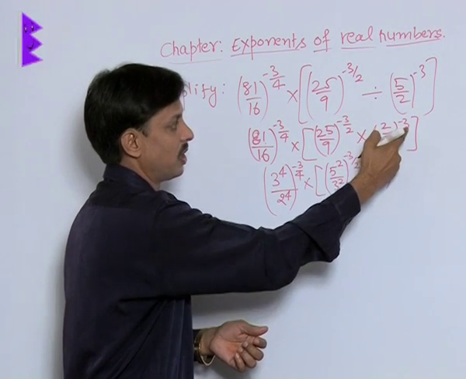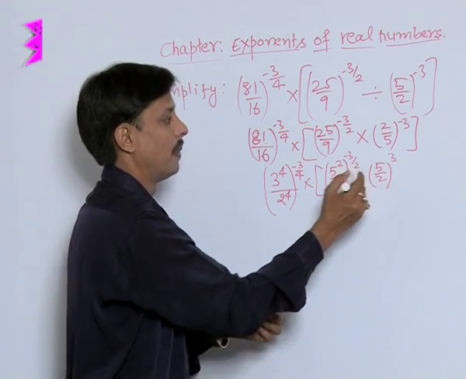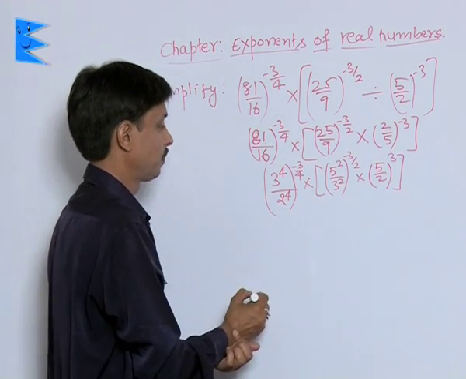I have changed these negatives to positive. So base 2 by 5 changed to 5 by 2, and bracket close.